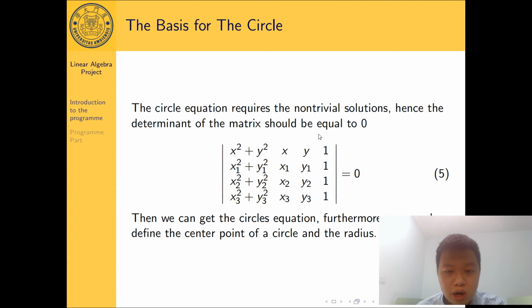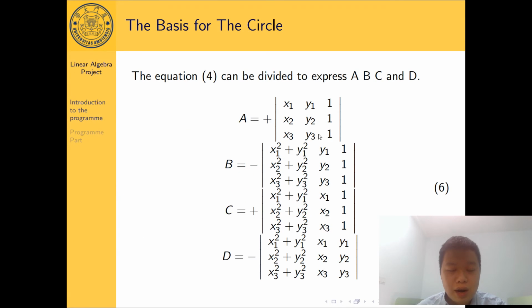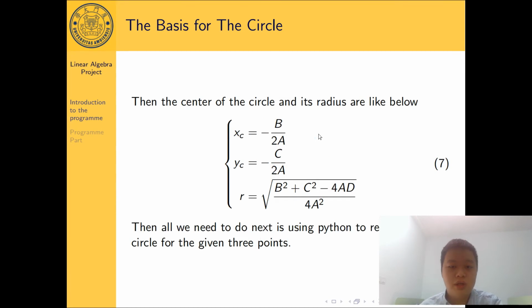Because it needs non-trivial solutions, the determinant of the matrix should be equal to 0. Then we can get the circle's equation. Furthermore, after we get the equation, we can also determine its center point and the radius.